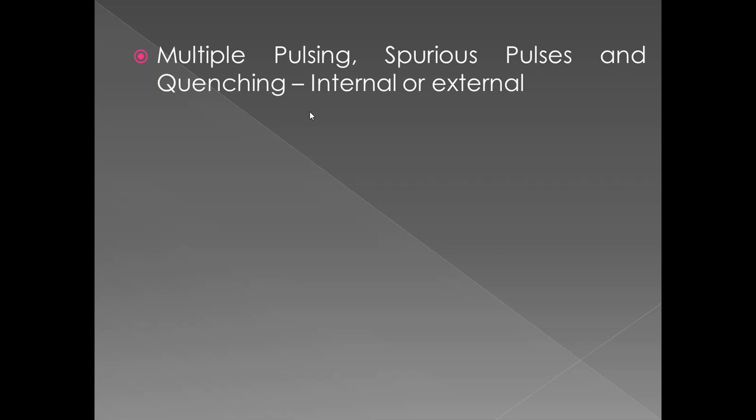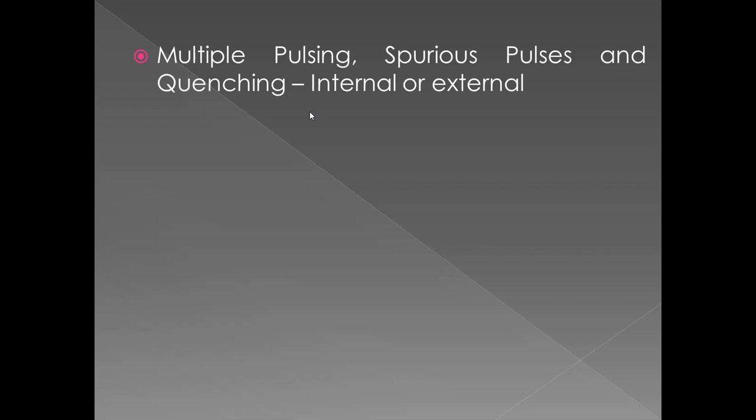But what they do, the excited bromine molecules, they lose their excitation energy by breaking up into bromine atoms. It's a diatomic gas, so they lose their energy by dissociation into bromine atoms and not by photon emission. And hence, in the presence of the quenching agent, no spurious pulses are produced.